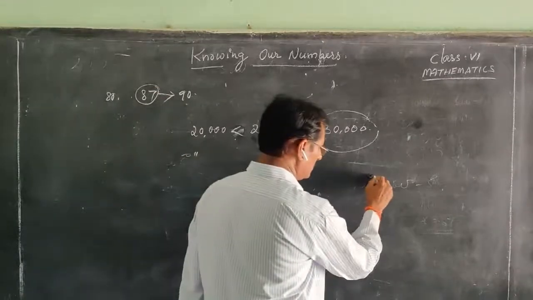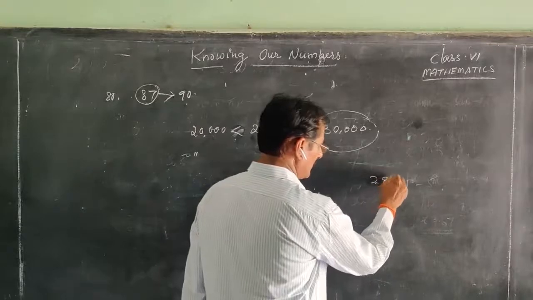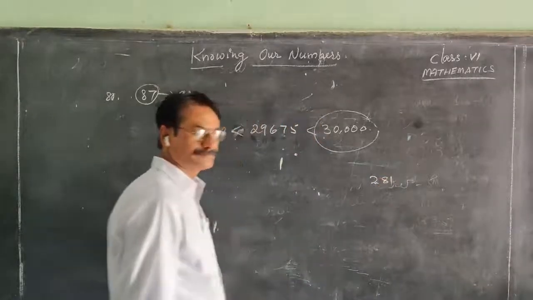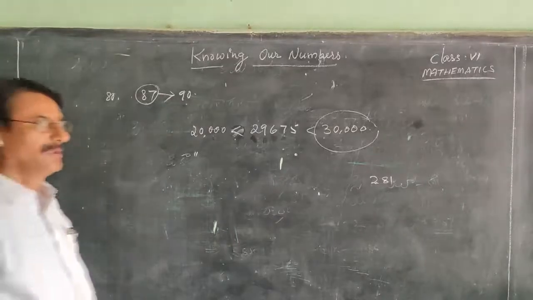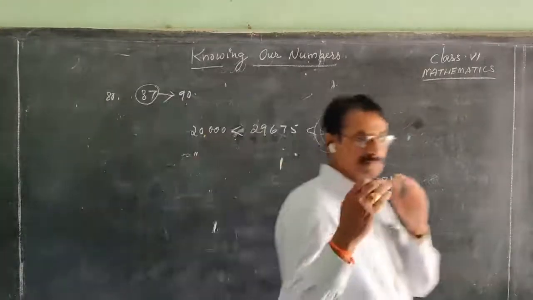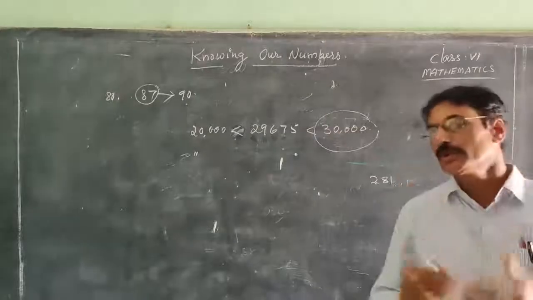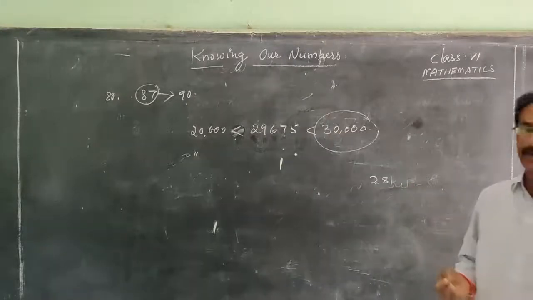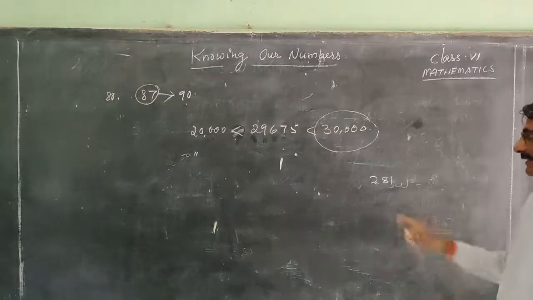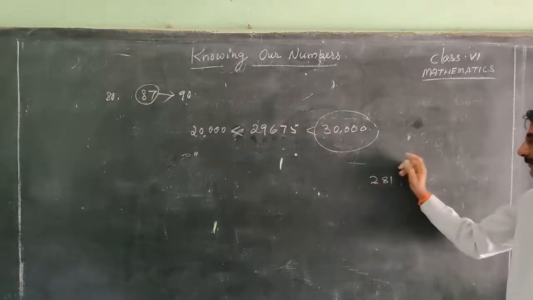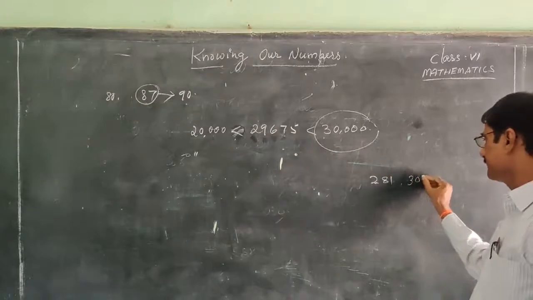For example, 281. It is a 3-digit number. The zero numbers are 100, 200, 300, 400 up to 900. It is nearer to 300.